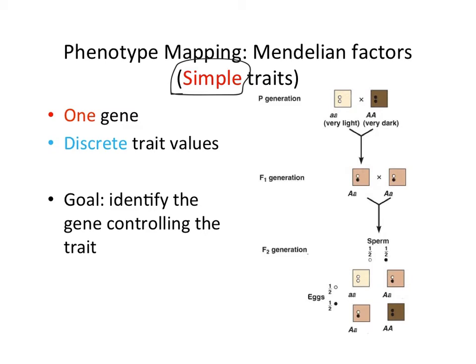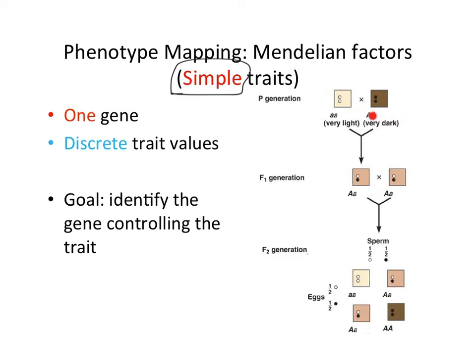So in this case, a simple trait. We've got one gene, the gene is called A, up here in the corner. And so there are 3 different possible genotypes. You're either homozygous big A, heterozygous, or homozygous little a. And you can see the cartooned skin color, hair color, whatever you want to call it, phenotypes. Those are the colors of the boxes.